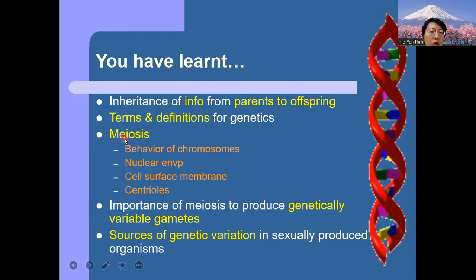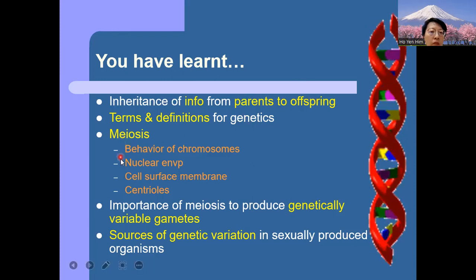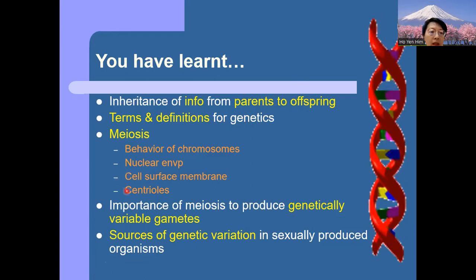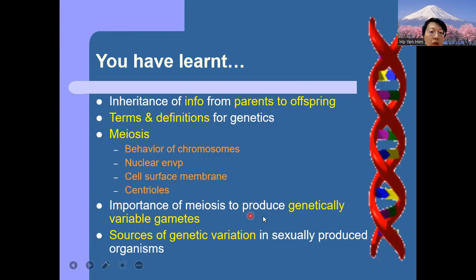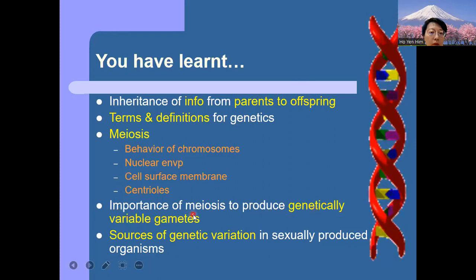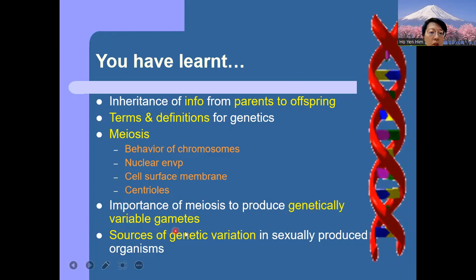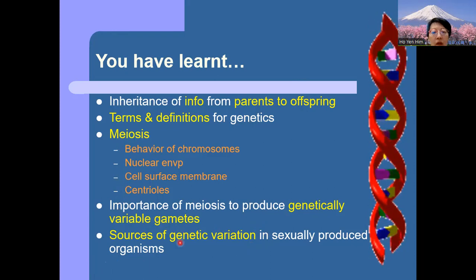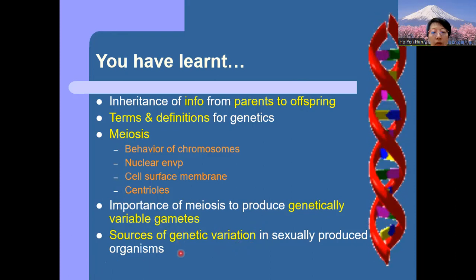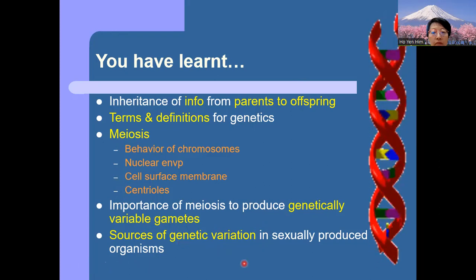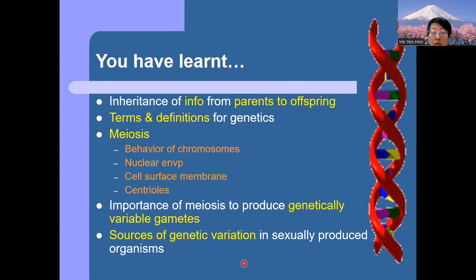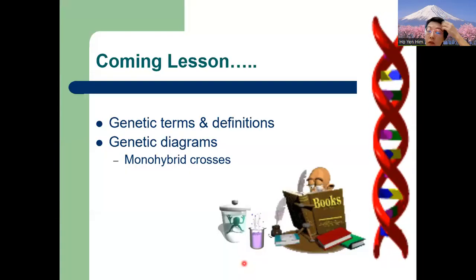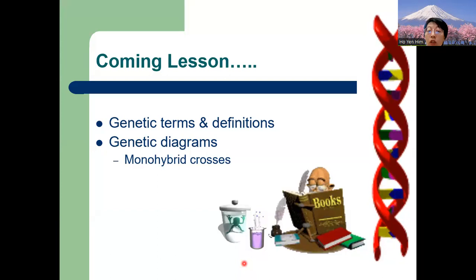Meiosis, we look at behavior of chromosomes, what happened to the nuclear envelope, cell surface membrane, this is cytokinesis, centrioles, the importance of meiosis to produce genetically variable gametes, and sources of genetic variation in sexually reproducing organisms. So this is meiosis, and then random fusion of gametes, random mating, and also mutation of germ cells, mutation in germ cells only.